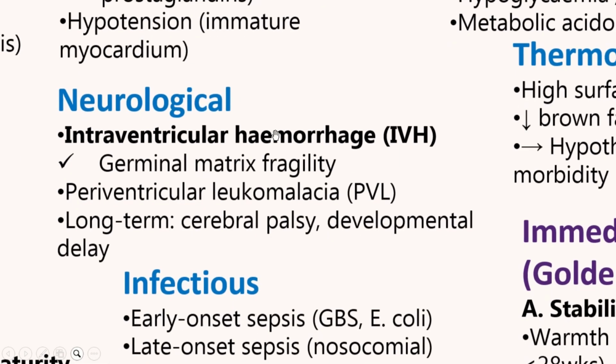When we look at the neurological part of it all, these babies are prone to intraventricular hemorrhage. And when you have the intraventricular hemorrhage, which I talked about being as a result of the germinal matrix vessels being fragile, we have things like periventricular leukomalacia. And I covered this in the video about cerebral palsy.